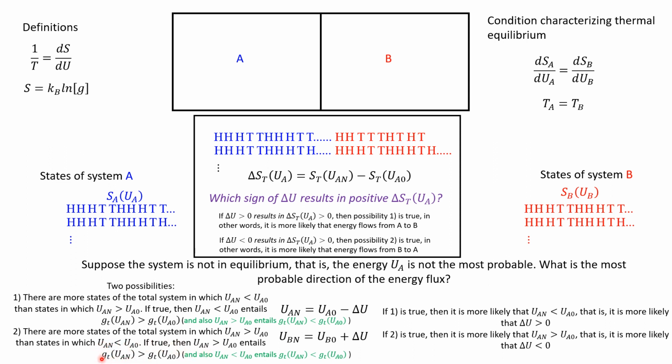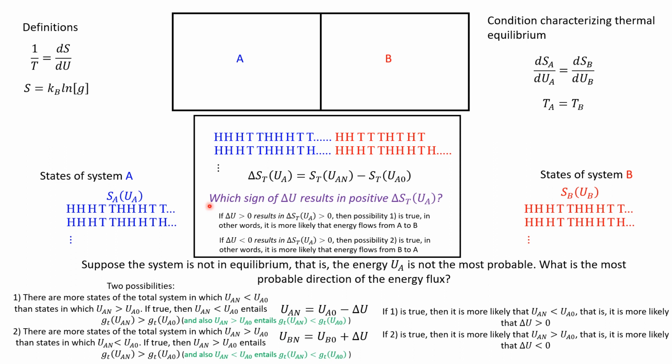And that is only the case if possibility 2 is true. In other words, we have identified that it is more likely that energy will flow from system B to system A than the other way around.